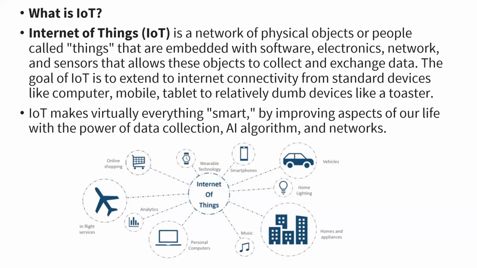Okay, so it is a network of things which are embedded with software and hardware. Basically it has sensors that allow all these objects to collect and exchange the data over internet connectivity. Such type of network of physical devices, generally these devices are called as things, and therefore this is called as Internet of Things.